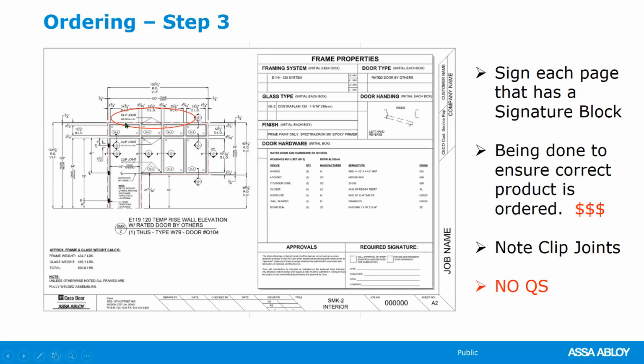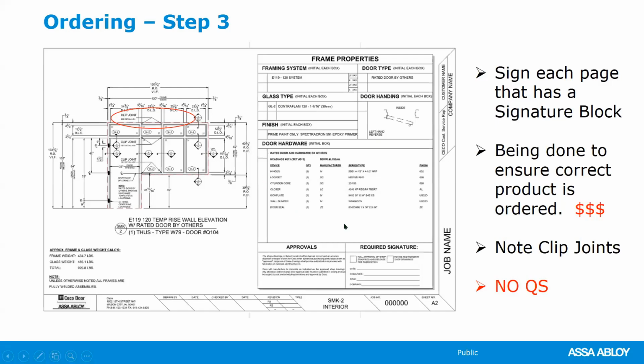One important thing on this is to see where the clip joints are called out. So if a customer requests a welded frame, they may think they're getting the entirety of this elevation, when in fact they are getting two pieces welded and then three intermediates that will be loose. And the reason for that is simply because of the weight of the frame itself.